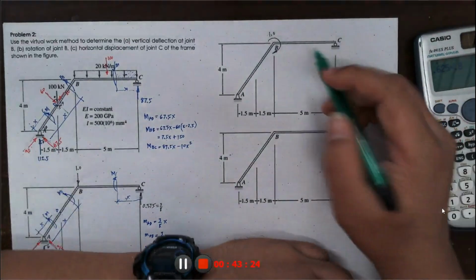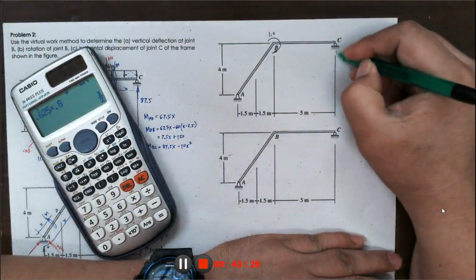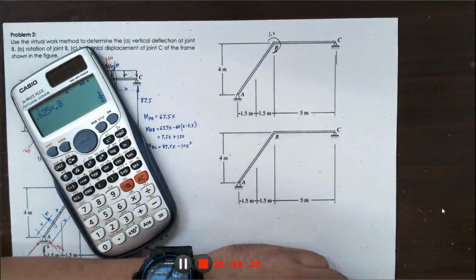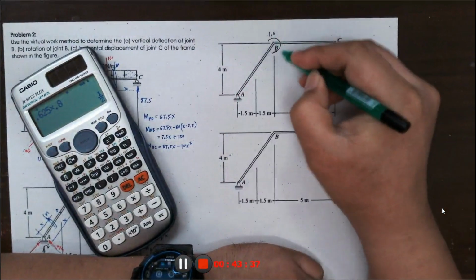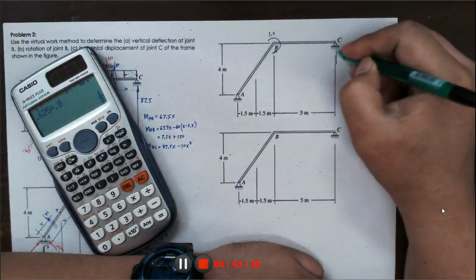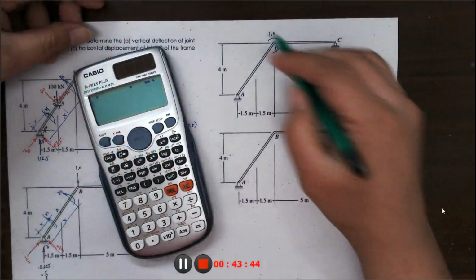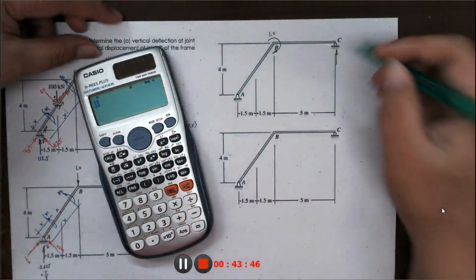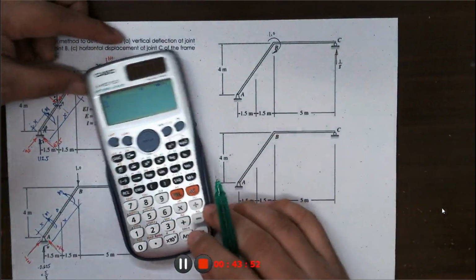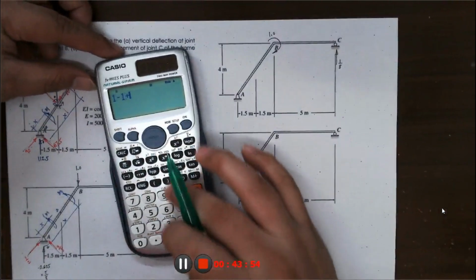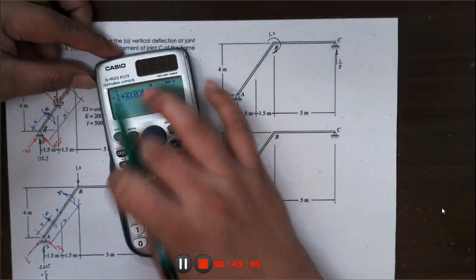Okay. And reaction, when you sum up moment at A, it's clockwise so it should be counter, so upward. So 1 divided by 8, 1 over 8. Negative 1 plus negative 1 plus alpha x times 8 equal to 0.